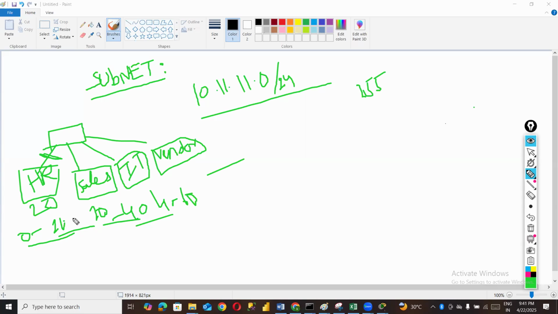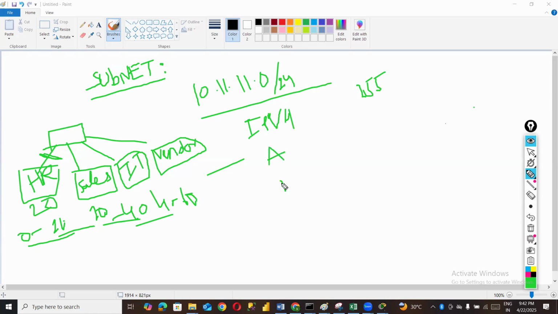First, what is an IP address? We have classes of IPs. In the network, these are the standards, in IPv4. In IPv4, we have classes of IPs. What are the classes?